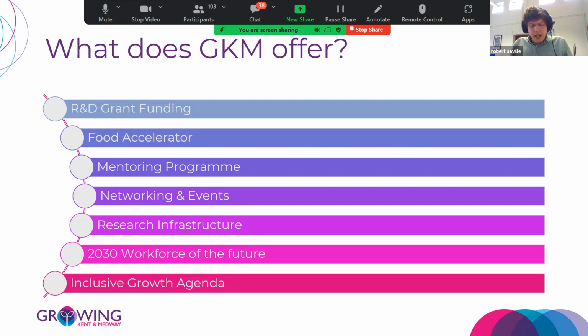And underlying all of these activities is our inclusive growth agenda. Kent and Medway has some of the widest social inequalities in the UK, which is a barrier to achieving prosperity and well-being. And we are driving inclusive wealth creation so that untapped human capital can contribute to and share the region's prosperity.